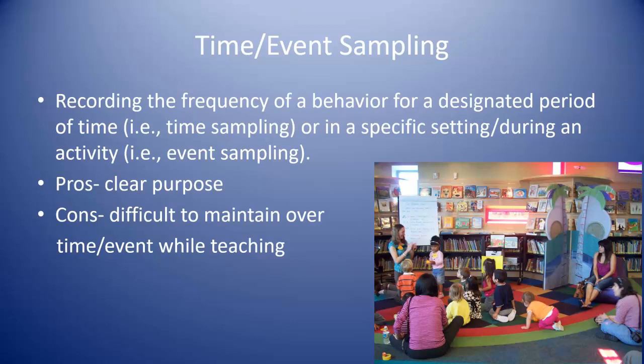So that really helps us to get an idea of the frequency of behaviors that are happening in a given time frame or in a certain activity. The good thing about this is that we know what we're looking for, the purpose is clear.